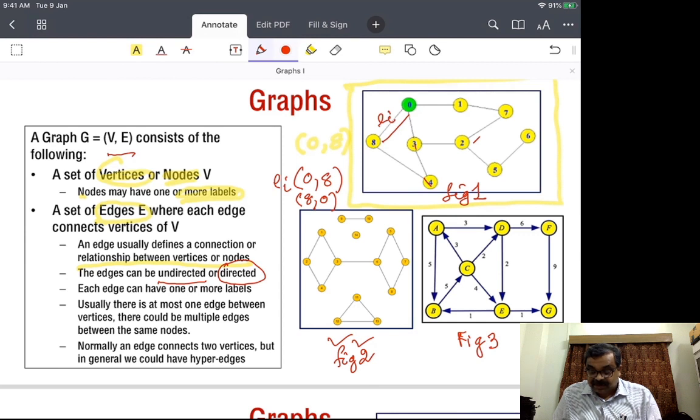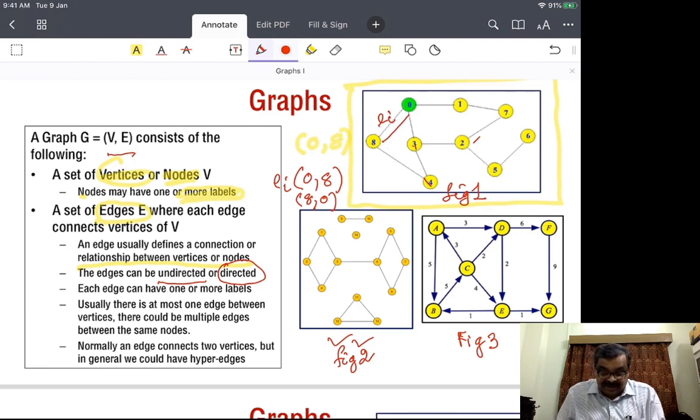For example, the edge from A to D goes from A to D. Similarly, there is an edge from D to E, but there is no edge from E to D. An edge of an undirected graph is equivalent to two edges of a directed graph.